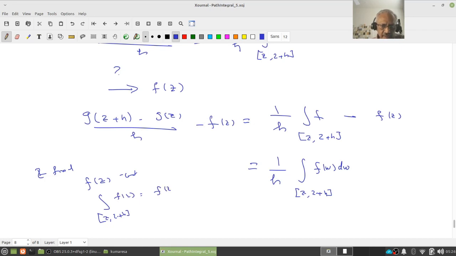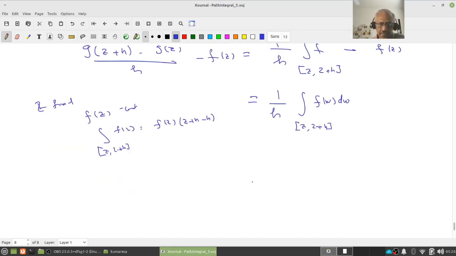This is f of z times z plus h minus z, which is h. Because if I integrate a constant c over a path gamma, I get the integral from a to b of c gamma prime t dt, which is gamma b minus gamma a times c, and here z plus h minus z. Therefore, this is f of z times h. Do you follow that?